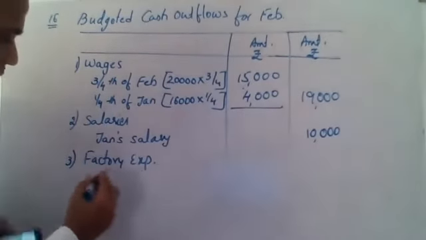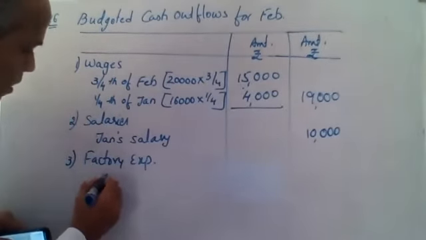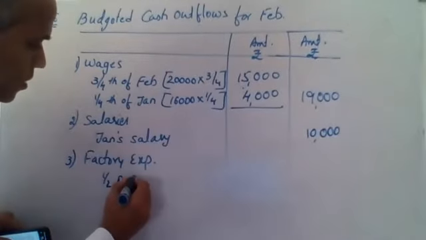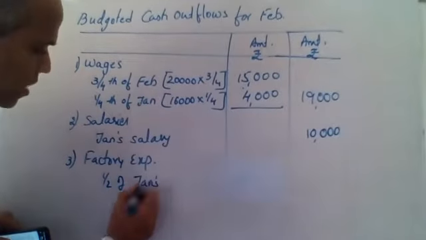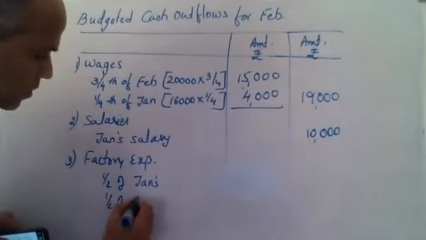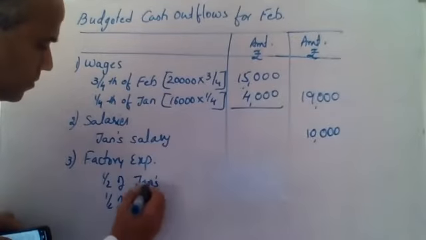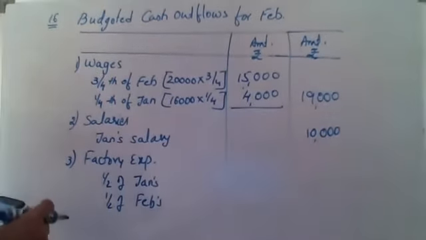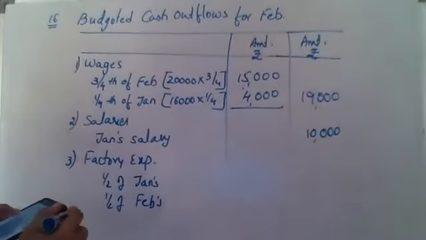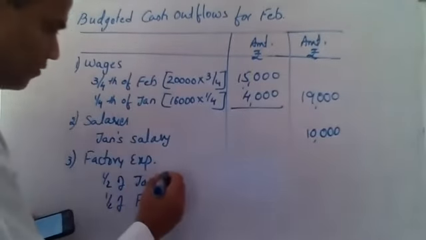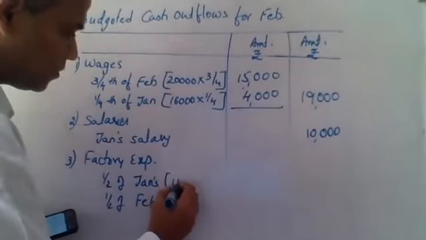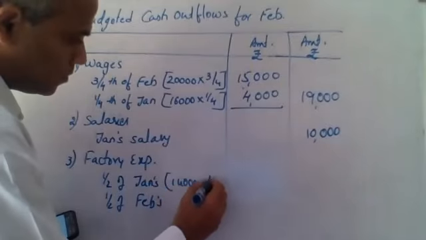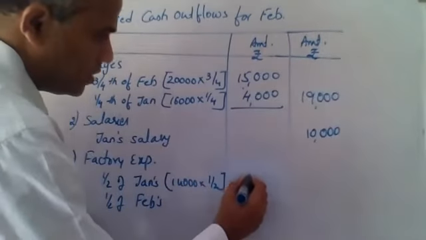So what is paid in February? I'll pay half of January's and half of February's. So this is 14,000 into half, that is 7,000.